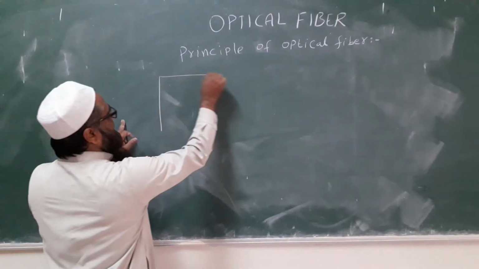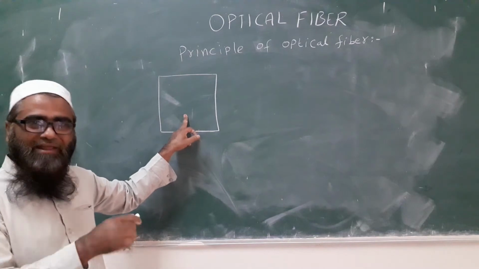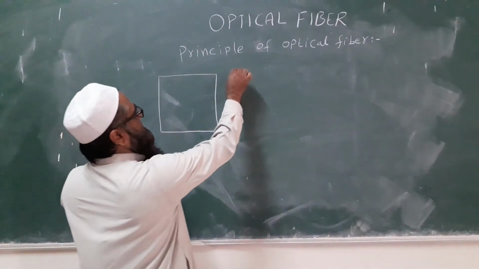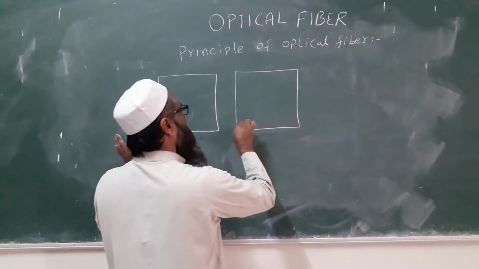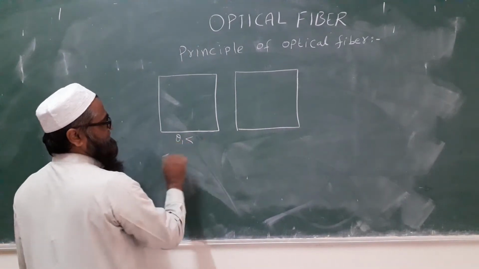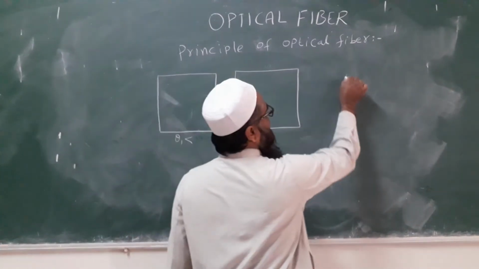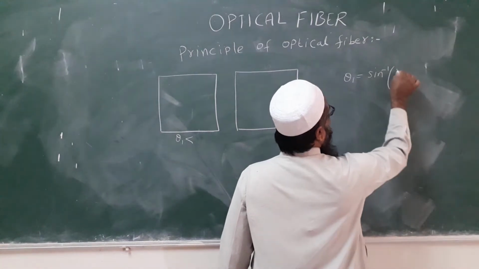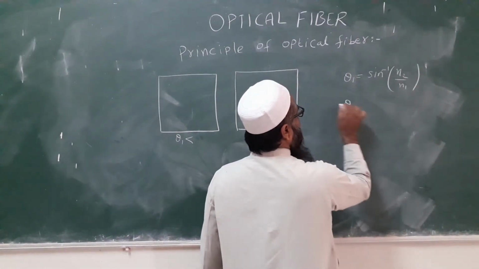Case 1 is the same diagram which I have explained. It consists of an angle of incidence less than theta 1, which we calculated as sine inverse of n2 by n1. This is called the critical angle.